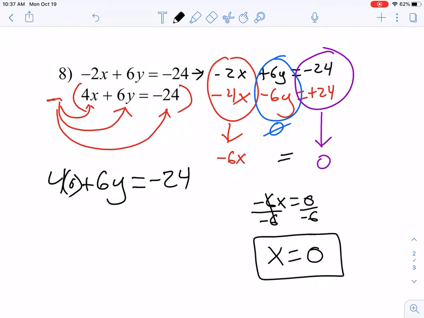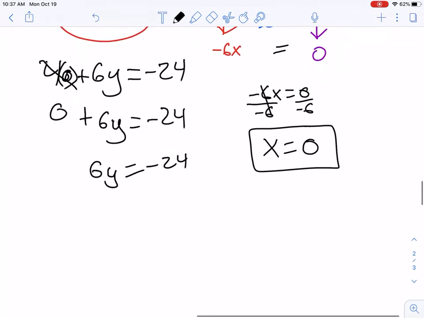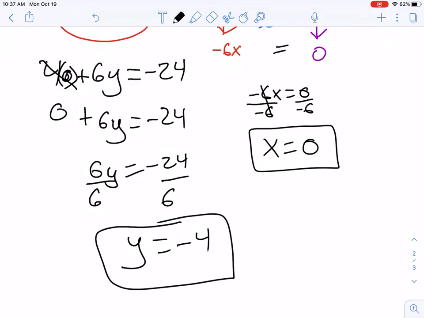So I'm saying 4 times 0, not 40, but 4 times 0, which makes 0, plus 6y equals negative 24. So that really just means that 6y equals negative 24. And I can divide 6 to both sides to find that y is equal to negative 4. And then I write that as an ordered pair, (0, negative 4).